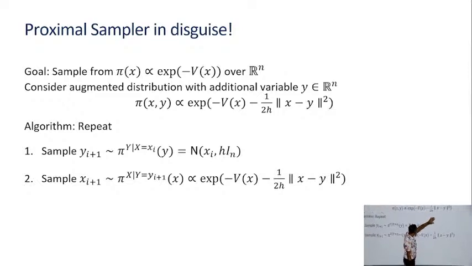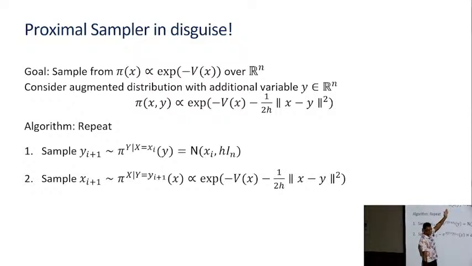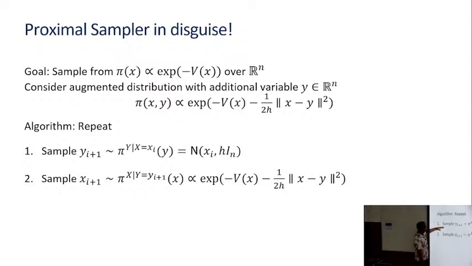This is the joint distribution of x, y, and this is what we're really sampling from. If I look at just the x marginal, I get back the original, what I want. So the first step is resampling the y marginal, and the second step is resampling the x marginal.